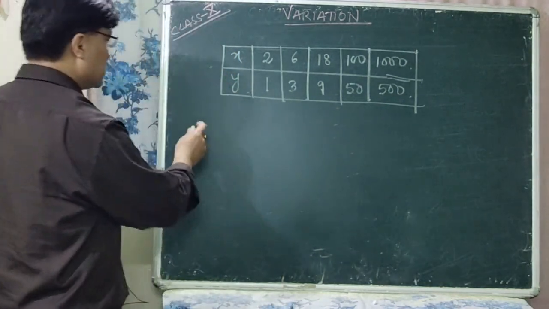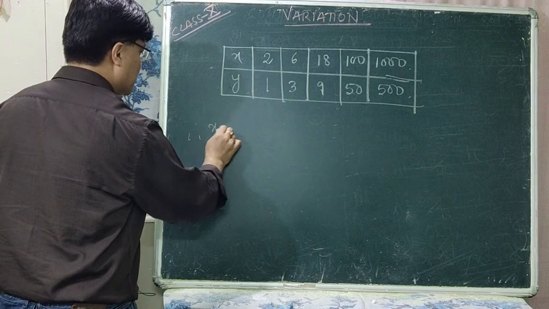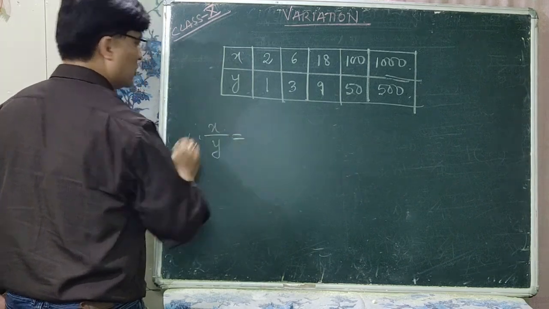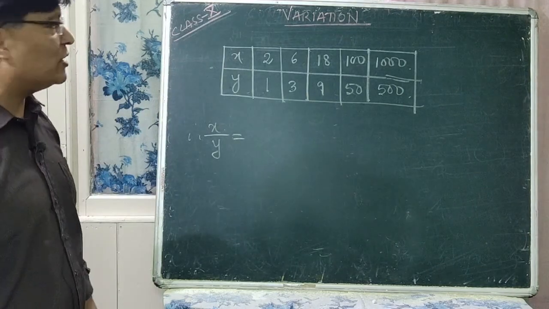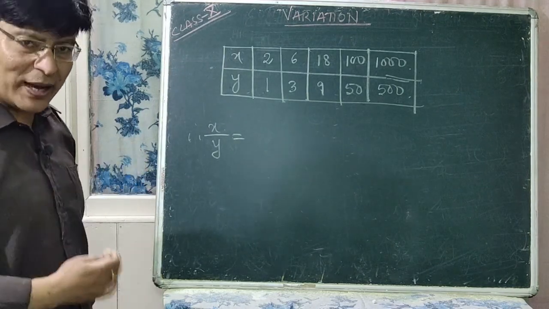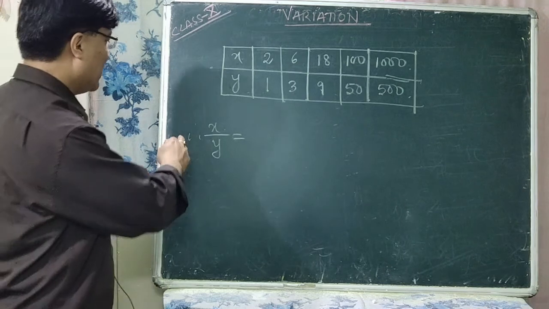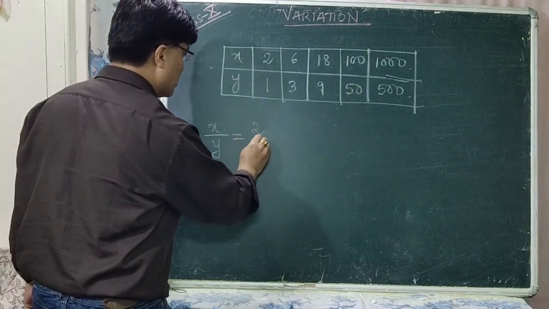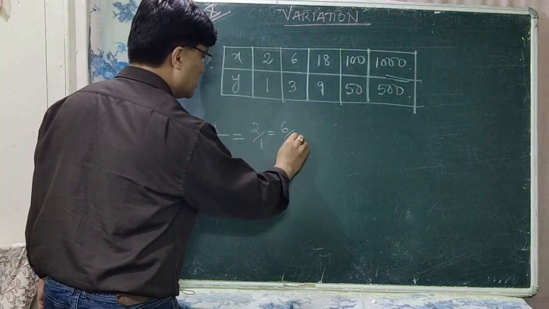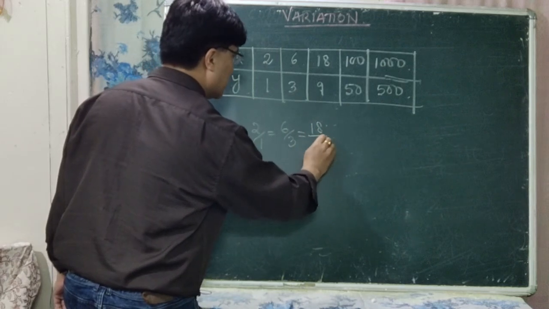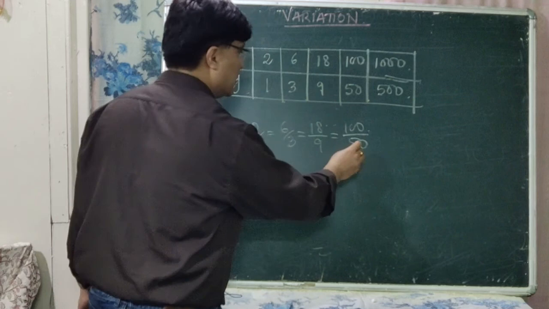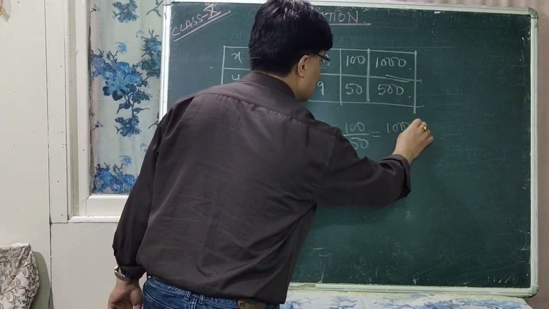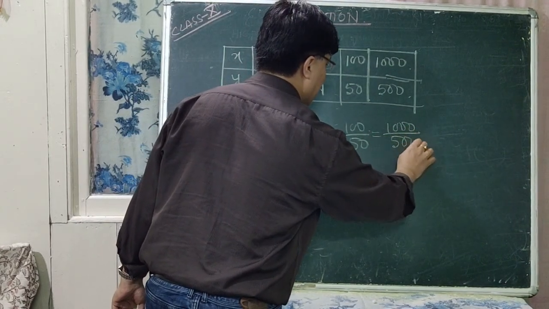Actually, x upon y is equal to what? Let us get the value of the ratio x upon y. x is to y. So x upon y is equal to 2 upon 1 is equal to 6 upon 3 is equal to 18 upon 9 is equal to 100 divided by 50 is equal to 1000 divided by 500.